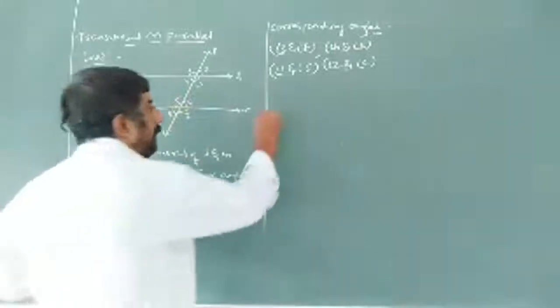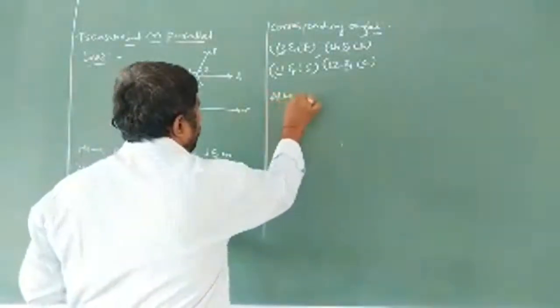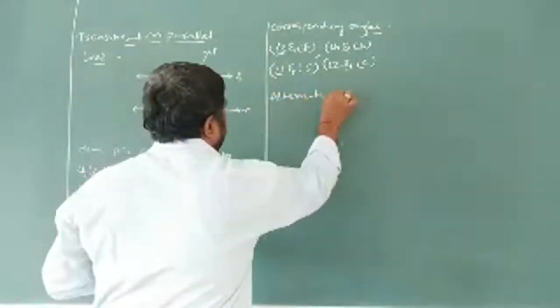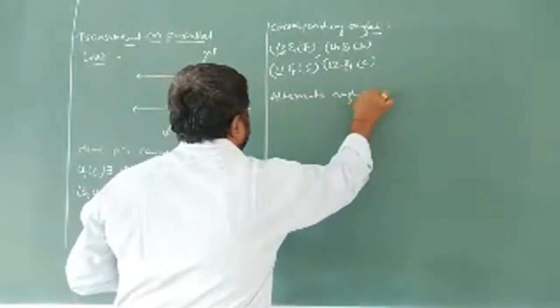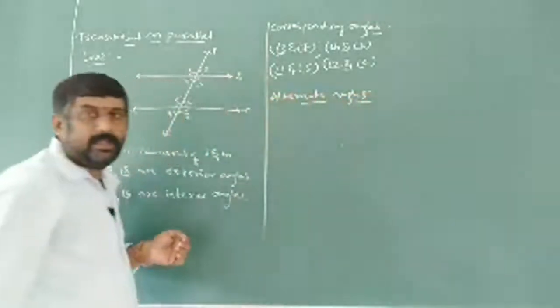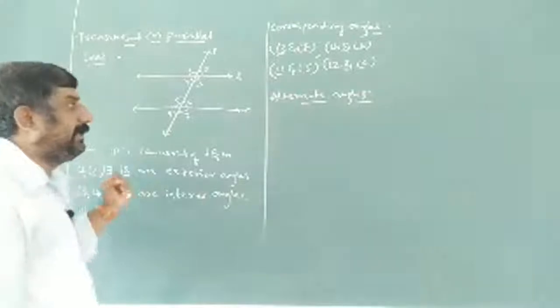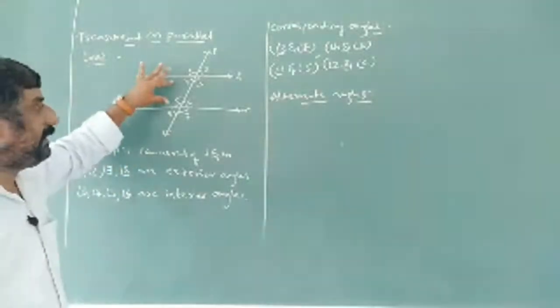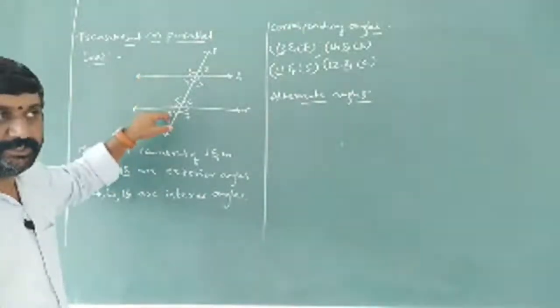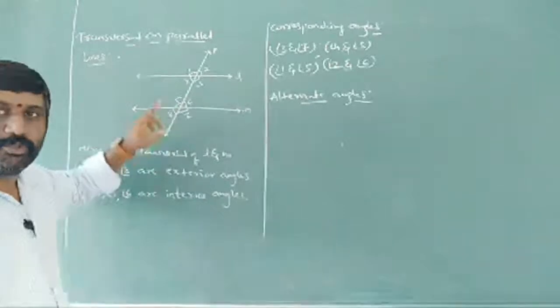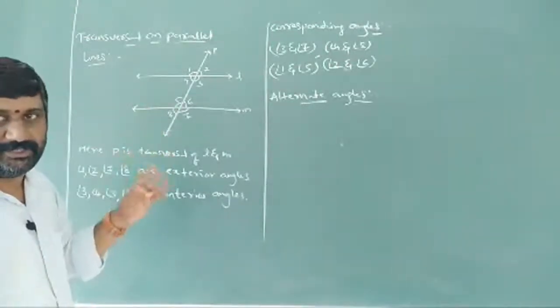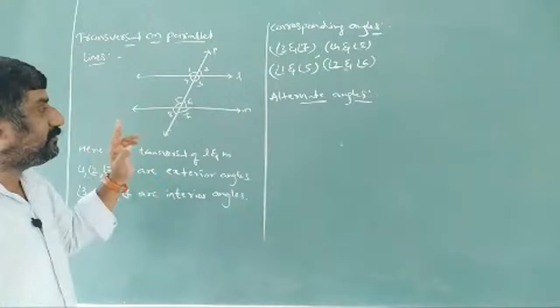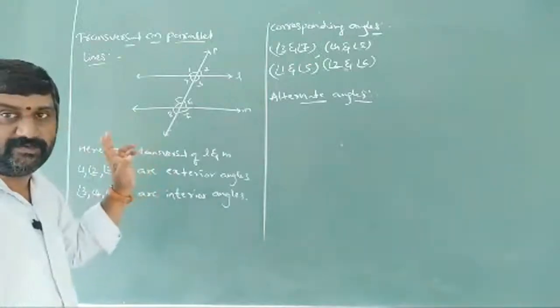Next, alternate angles. What are alternate angles? The first condition is both should be interior or both should be exterior. They should be on either side of the transversal.